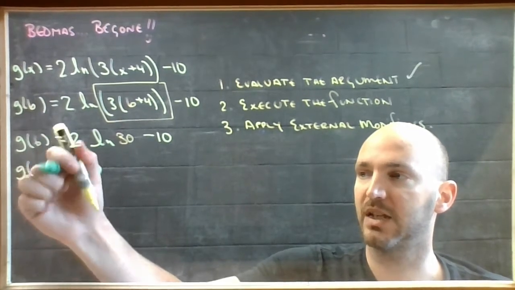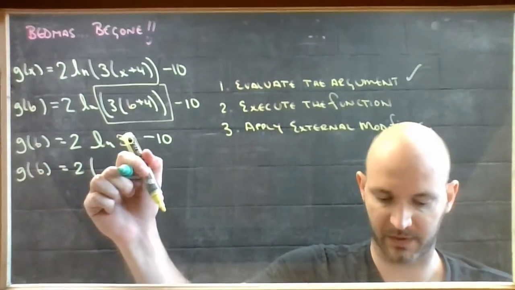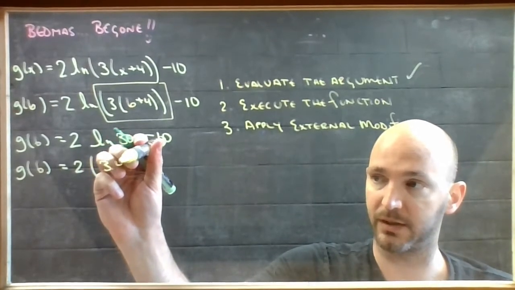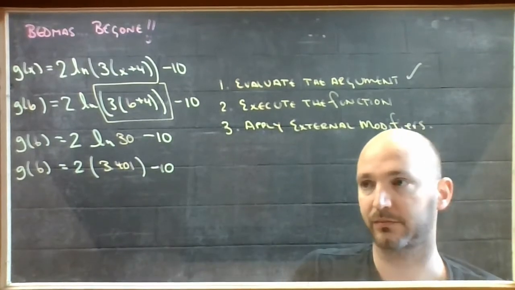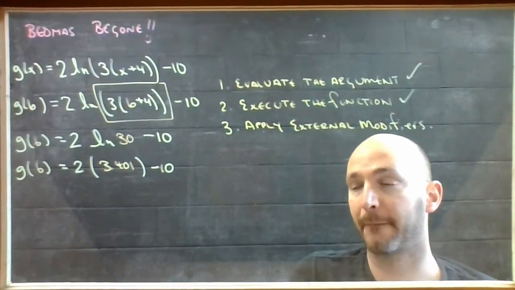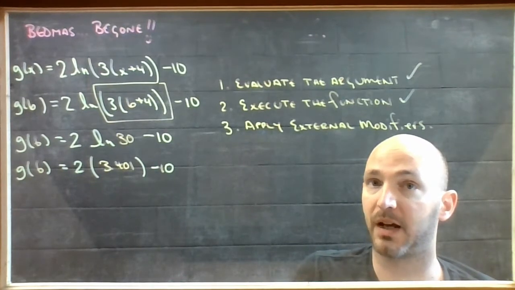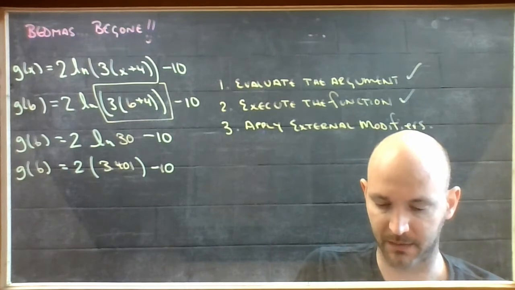So g at 6 would be 2 multiplied by 3.401 minus 10. Check. I have executed the function. Third step is to apply those external modifiers. So I take that 3.401 and I double it.